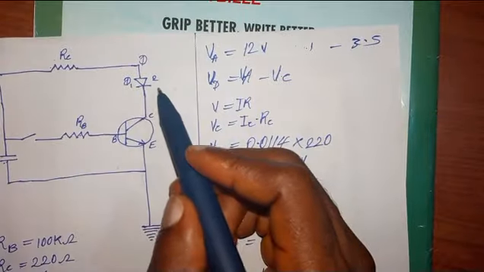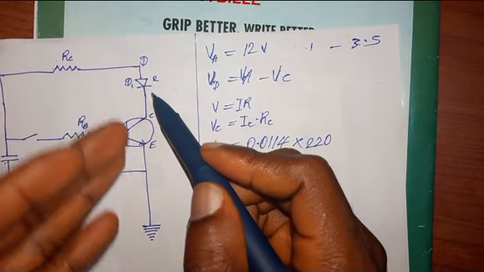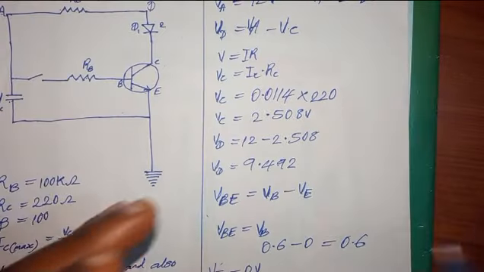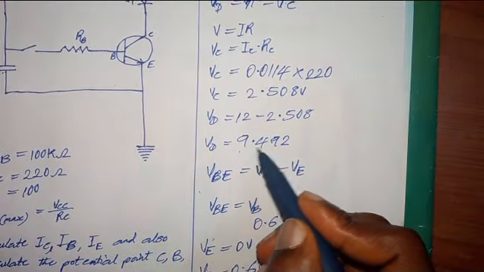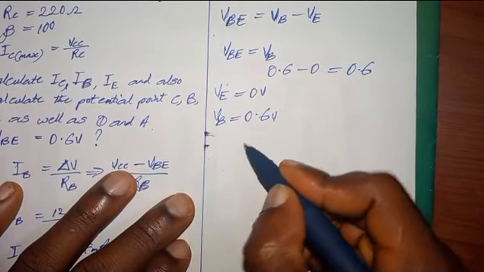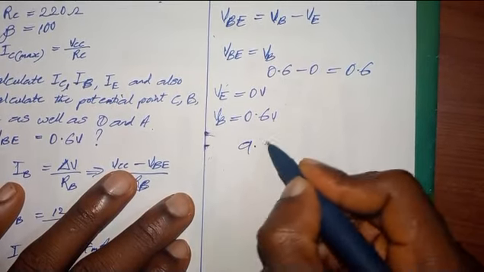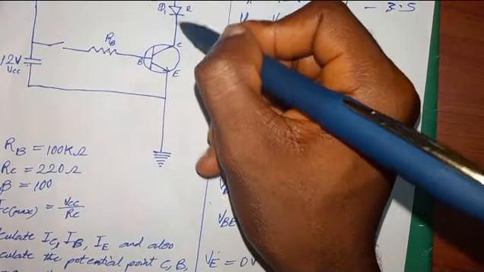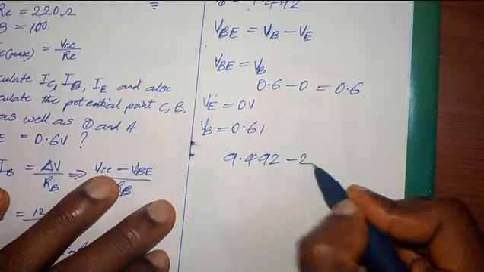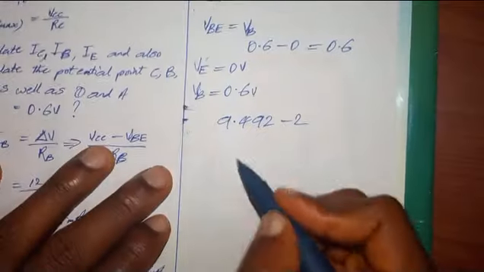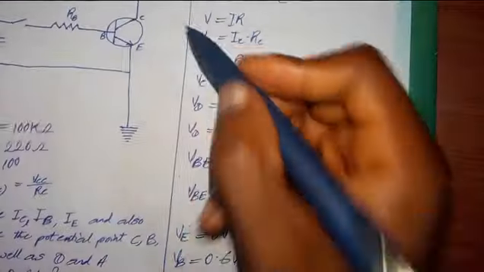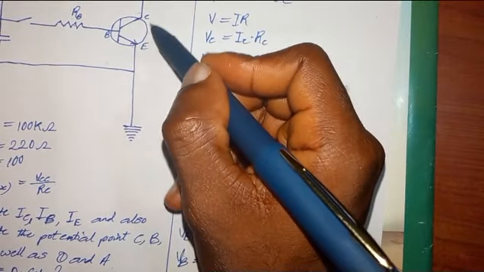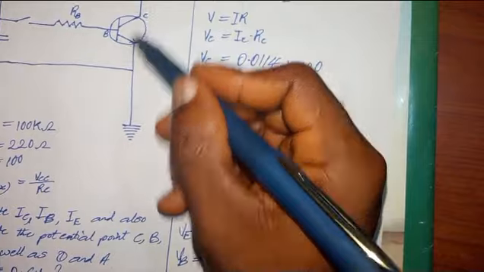So this 2 means the voltage that passes through this diode will drop by 2. The voltage at point D is 9.492. So voltage from this point passing through this diode to this point will be minus 2, and it will give us 7.492. That's how to know the voltage at this point, not at E, because voltage at E is equal to 0.